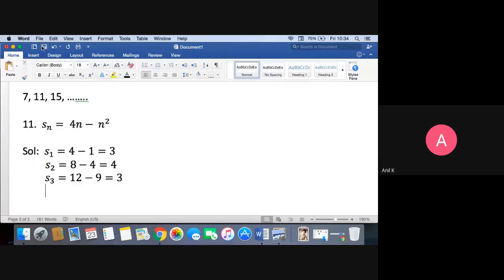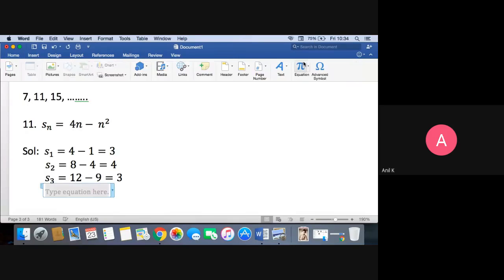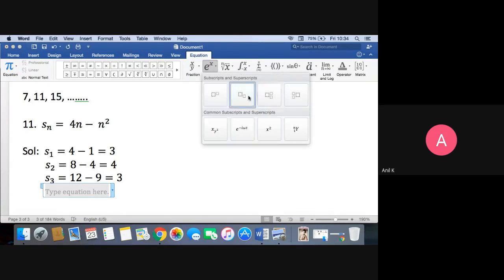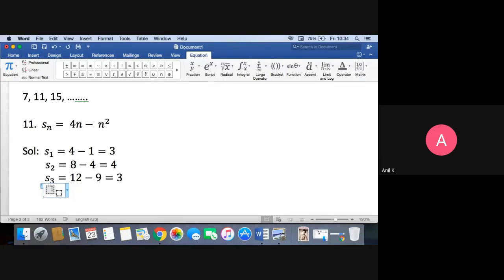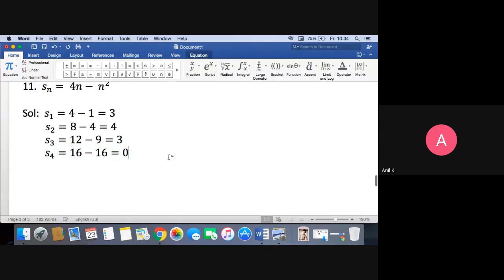Let me find S4 also. Not required this much, but just for practice. S4 equals 4 4s is 16 minus 4 square is again 16, which is equal to 0. Okay, and so on.